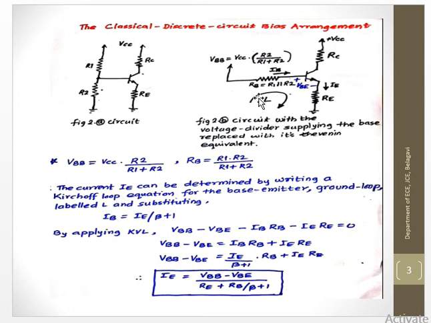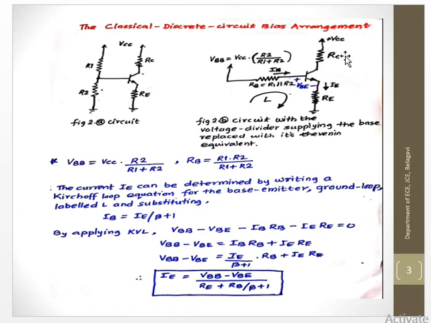You can write IB as IE divided by beta plus 1. How this is derived: IE is nothing but IB plus IC. The emitter current is the sum of IB and IC, and IC can be written in terms of IB as beta times IB.